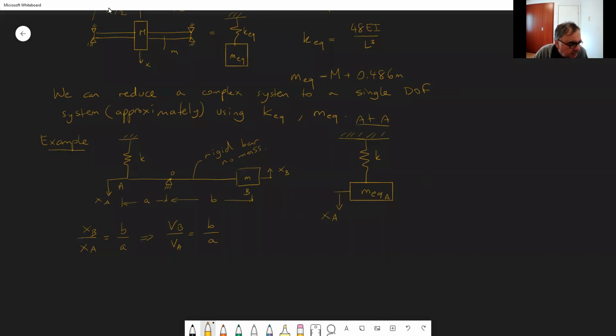We will find the equivalent mass. Equivalent spring is K here. There is no difference. But if you want to model it at B, that will be kind of different because there you will have an equivalent spring, because the spring will be different. K equivalent at B, let's say, and this will be M.